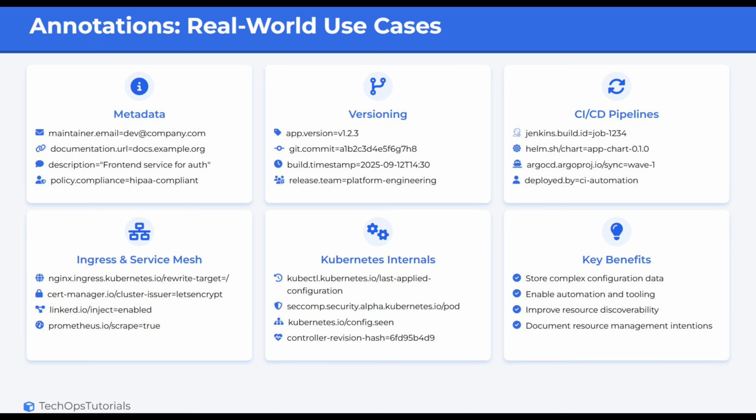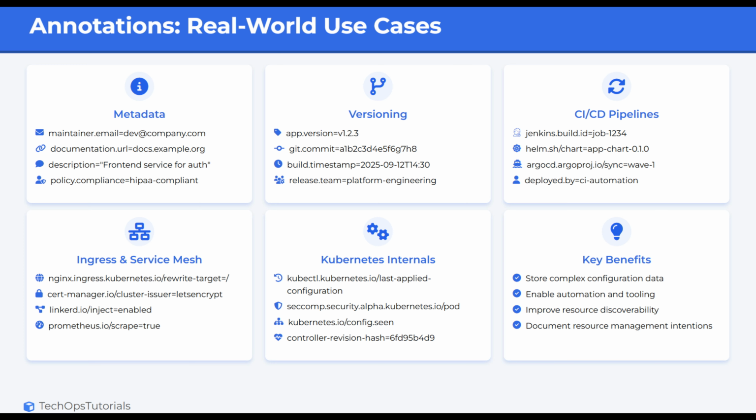Now let's talk about some real world use cases where annotations are really helpful. First, metadata. You can store details like maintainer emails, documentation links, or compliance info. Next is versioning. Annotations are often used to record application version, git commit ID, build timestamp, or even the release team details.